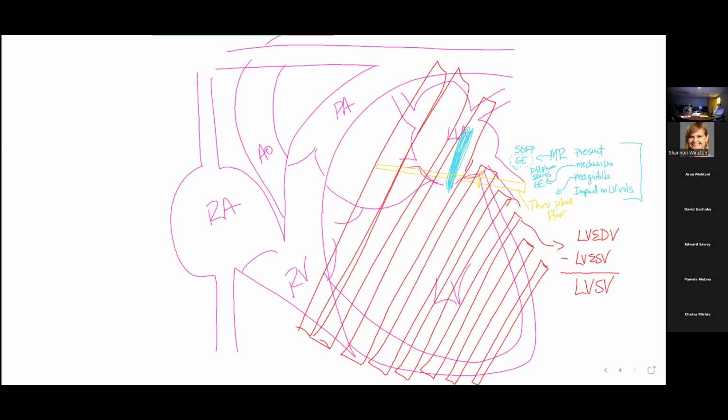And we can subtract those and get the LV stroke volume. Now, the problem in this situation is, where's that stroke volume going? Well, part of it is going this way through that regurgitant jet, and the rest of it is going right out here into the aorta. Okay?